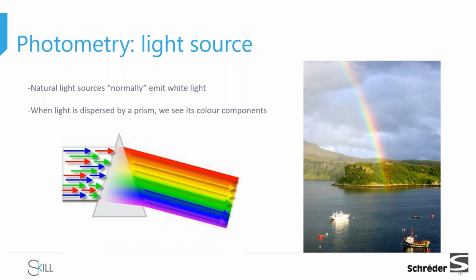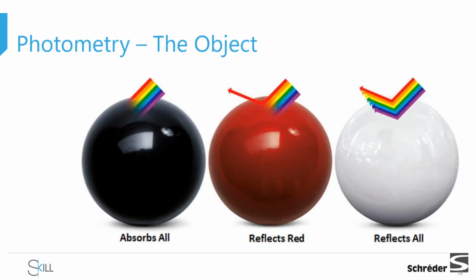So imagine that we have an object that we want to see, and it has a specific color. What happens exactly is that the light source falls on the object. This object will absorb all colors and will reflect only its own color. This is the general rule.